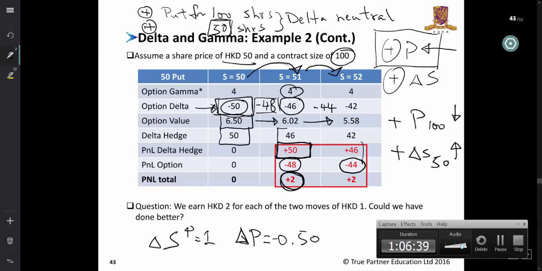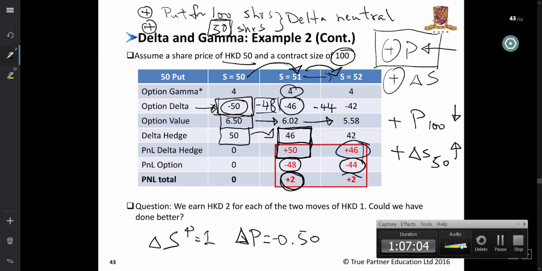So for 100 options, you have lost $44. But when the price was 51, your new delta is actually 46. So your long stock position has dropped from 50 to 46, and when the price goes up $1, you have made $46.